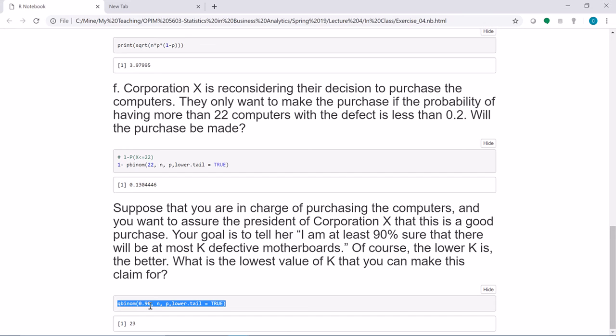So here you put in 0.9, n, which is the sample size, and p, the probability, and lower.tail is now TRUE. It gives you 23. And note that lower.tail is by default TRUE. So here we can see that k equal to 23 is the lowest value that you can make this claim for.